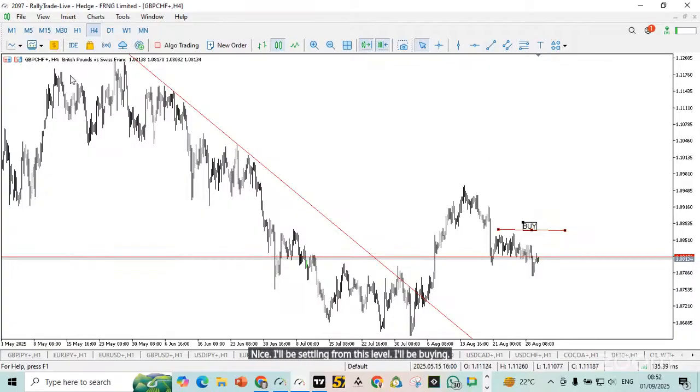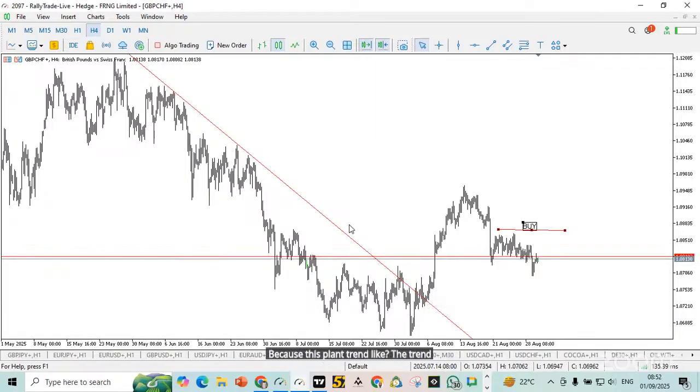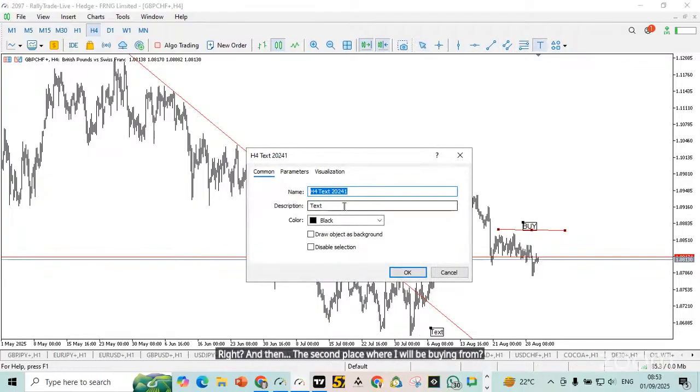Why? Because price has broken a resistance trend line. And the second place where I will be buying from will be the support level.